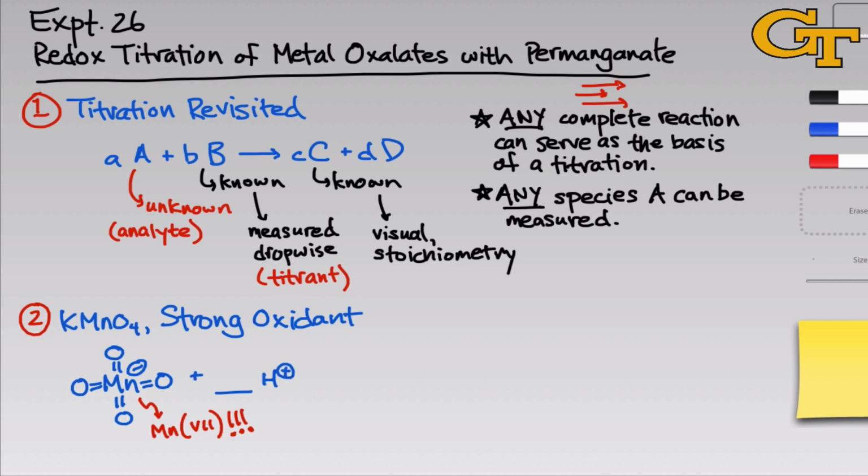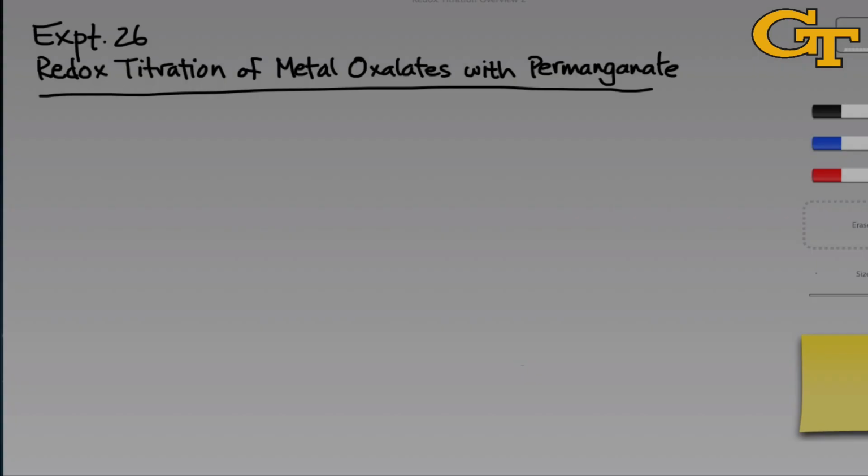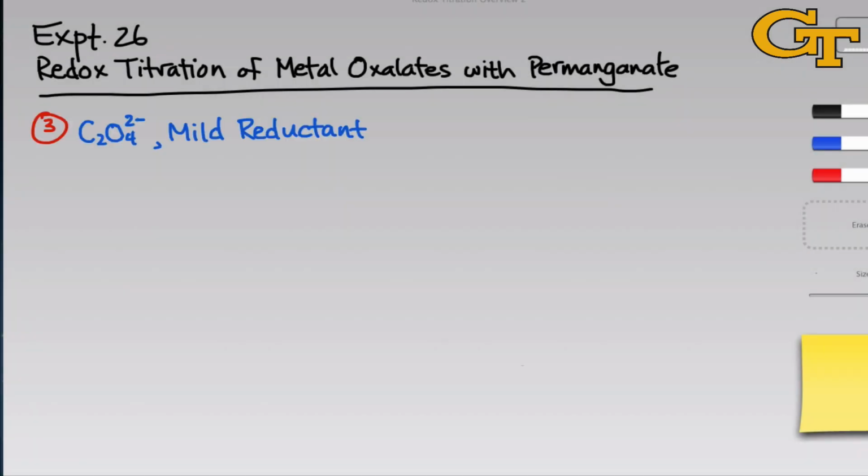Under acidic conditions, it reacts with numbers of protons and electrons that I'll leave up to you to figure out, to form manganese 2+ and a certain number of water molecules. So if you haven't done this already, I strongly encourage you to balance this reaction on your own. And notice that the manganese atom is manganese 2+ in the products. Let's talk a little bit about the oxalate dianion, which turns out to be a mild reductant.